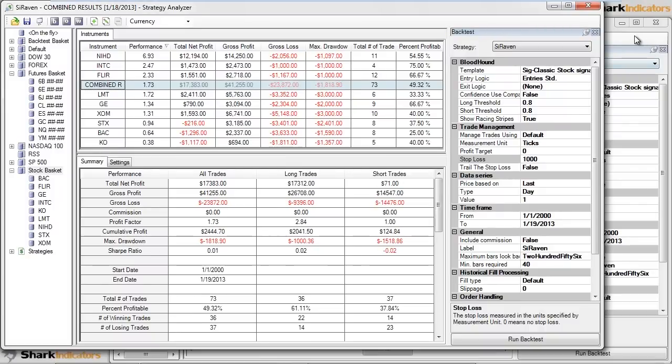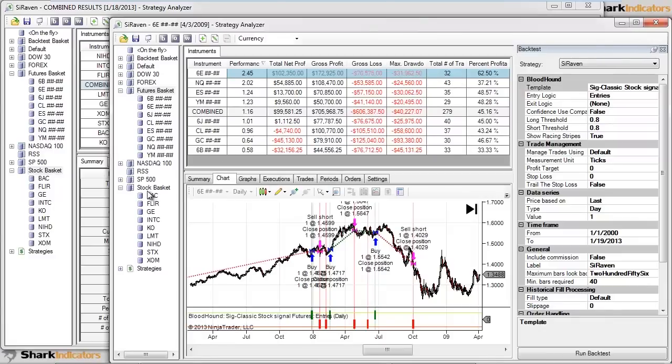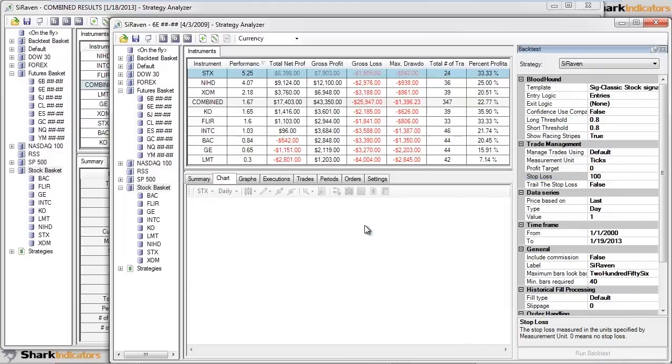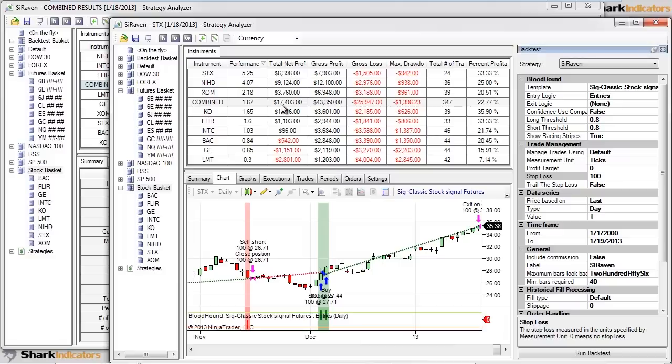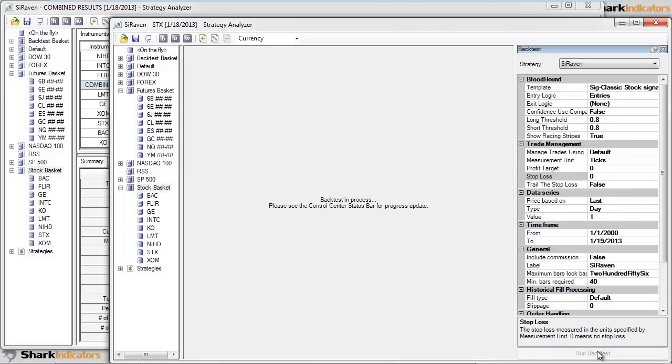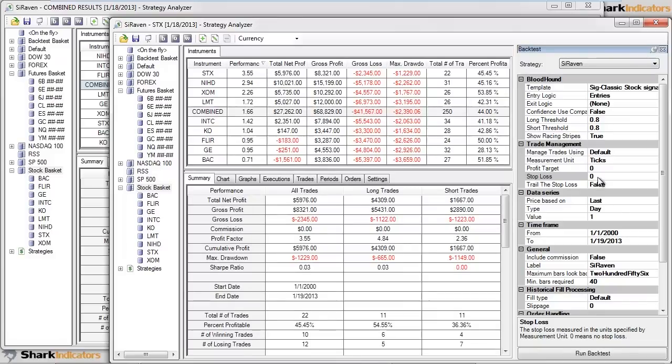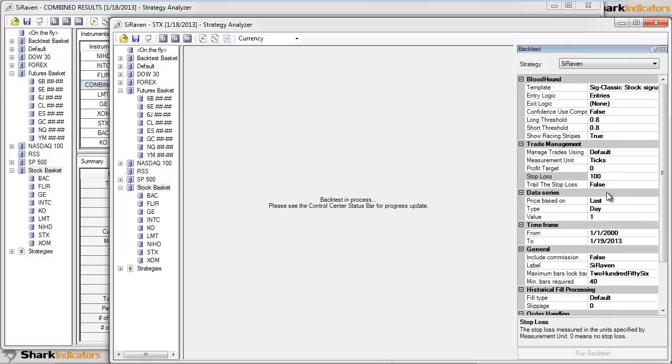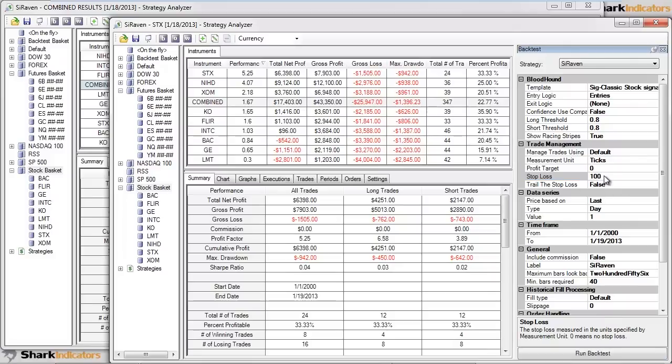So let's take a look at the other system, and we'll switch over to the stocks again. See how this works over here. So 17. Let's go back to our baseline. So we're at 27. The dollar stop is just too tight.